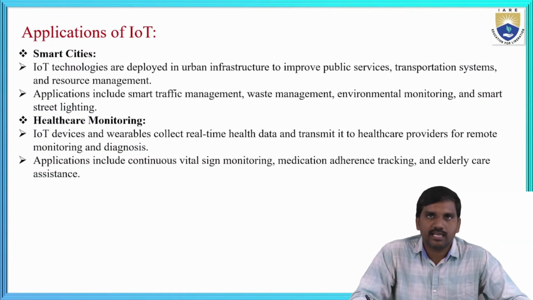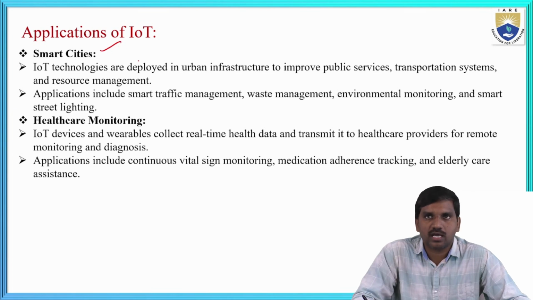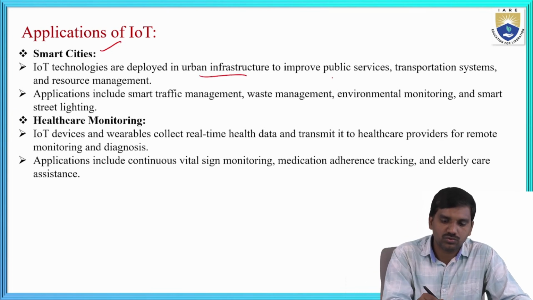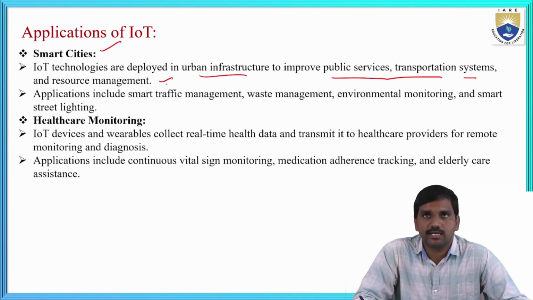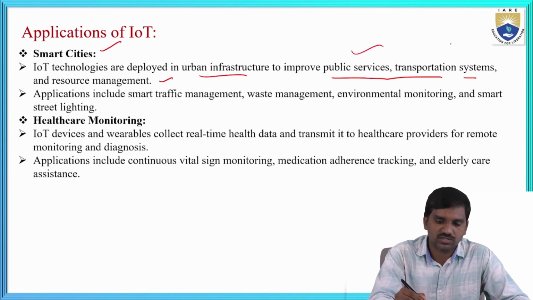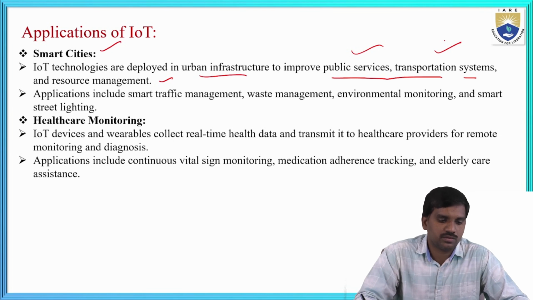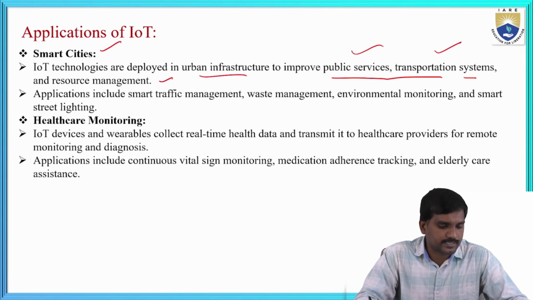Next, smart cities, health monitoring systems. In smart cities, IoT technologies are deployed in urban infrastructure to improve public services, transportation systems, and resource management. So in order to improve these public services, transportation systems, and resource management, we need the smart city.